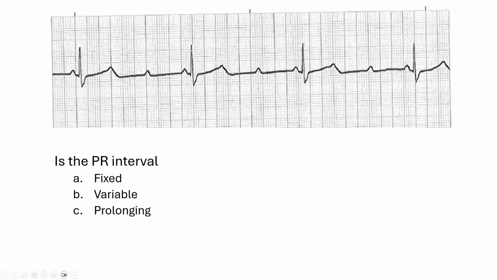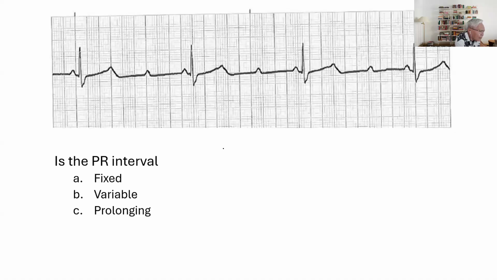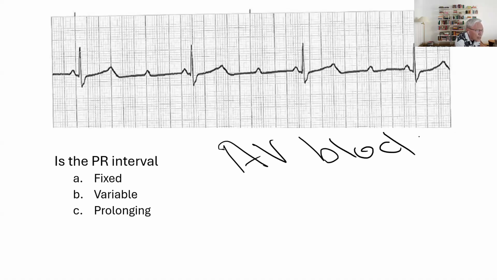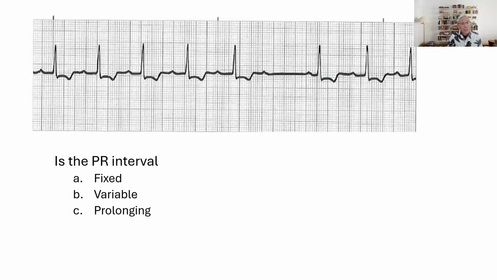Whenever you see P waves that do not have partners, that means there's a condition known as AV block. And there are several types of AV blocks, but nonetheless, this is just a quick way to identify an AV block.